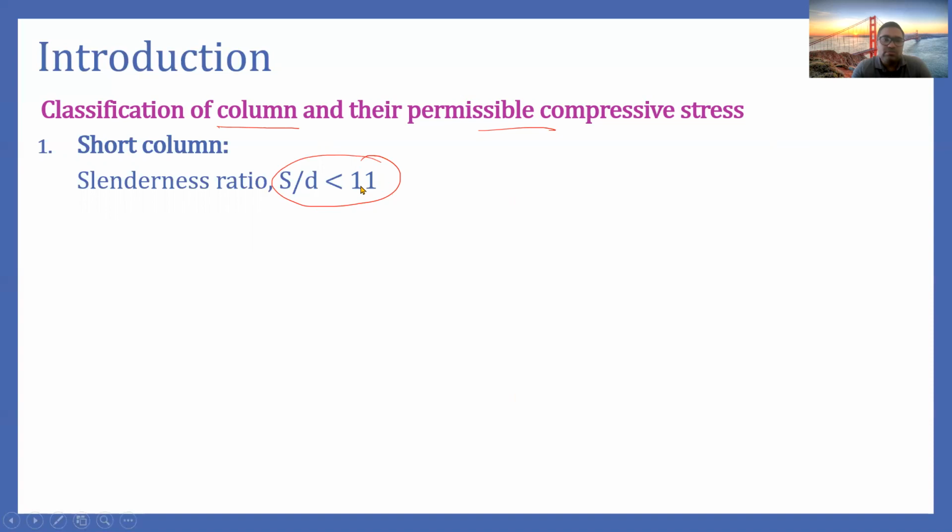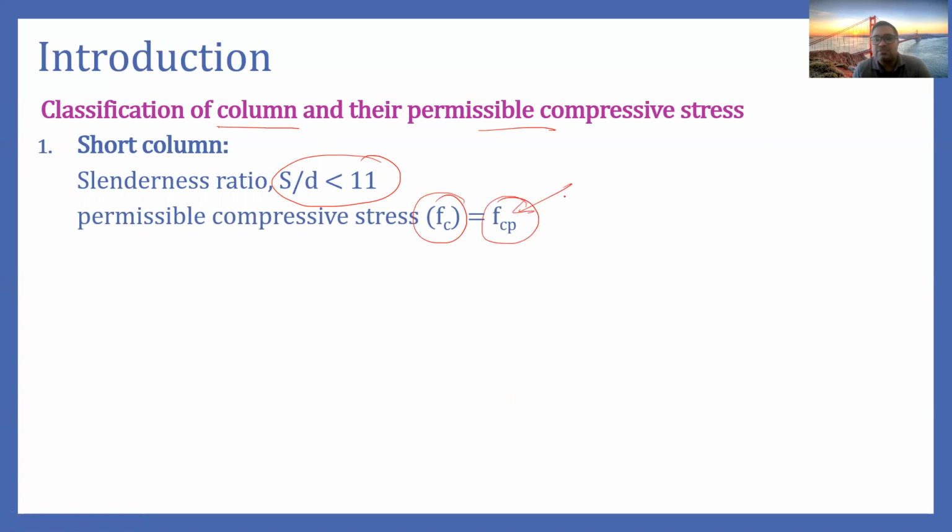For a short column, the permissible compressive stress will be given by FC, and this will be equivalent to FCP. Now, what is FCP? FCP is the permissible compressive stress for the timber, which is given in the permissible stress table, which we have referred to earlier also. So in this case, permissible compressive stress will be equivalent to FCP.